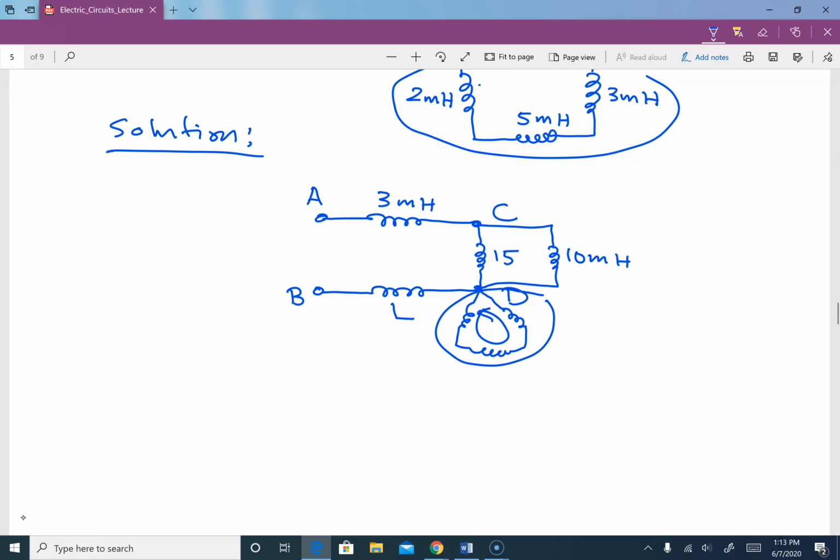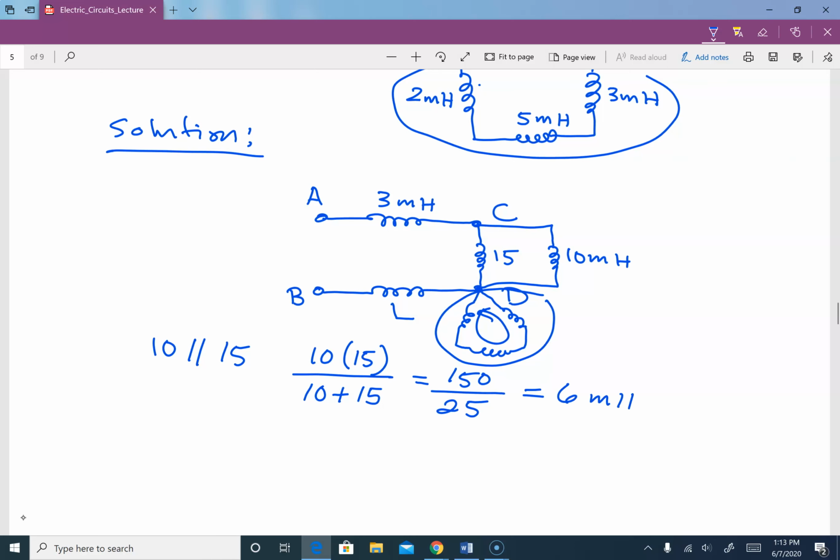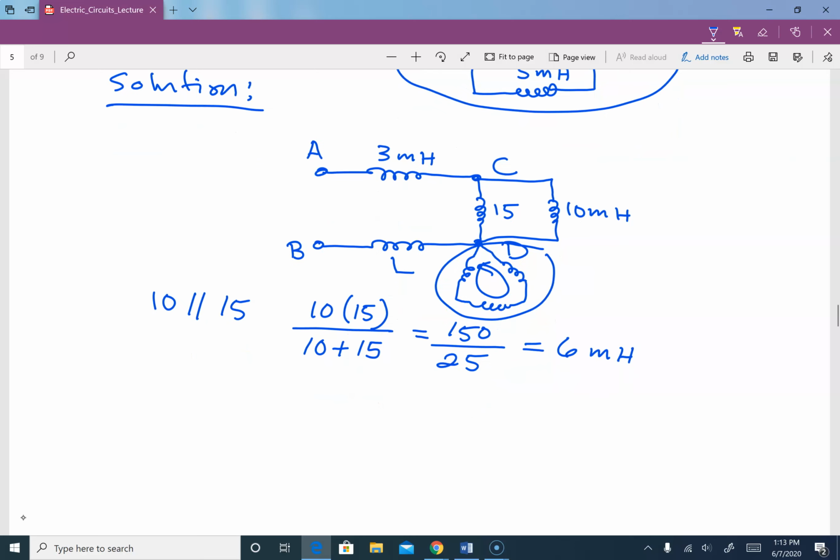So now we can say our 10 parallel with 15, and that will be 10 times 15 over 10 plus 15. So that is 150 divided by 25, that is 6 millihenry. So now we have our circuit to be like this.